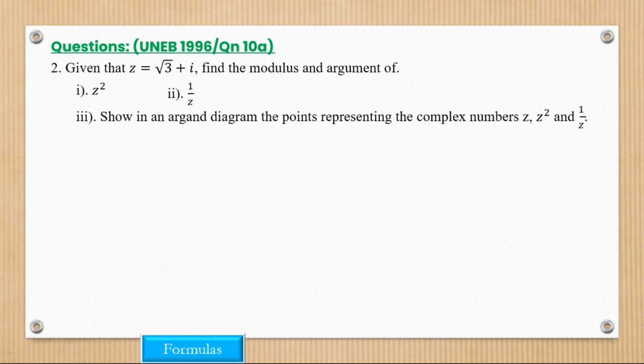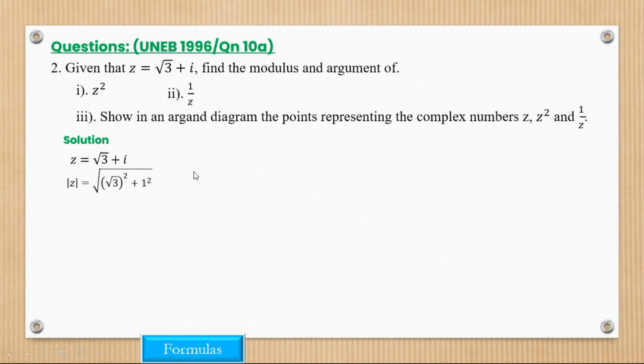So the first thing we're going to do is find the modulus of z, because that's going to be important. We're being asked to find the modulus and argument of each individual one, so before we even find this, let's first find the modulus and argument of this z here.